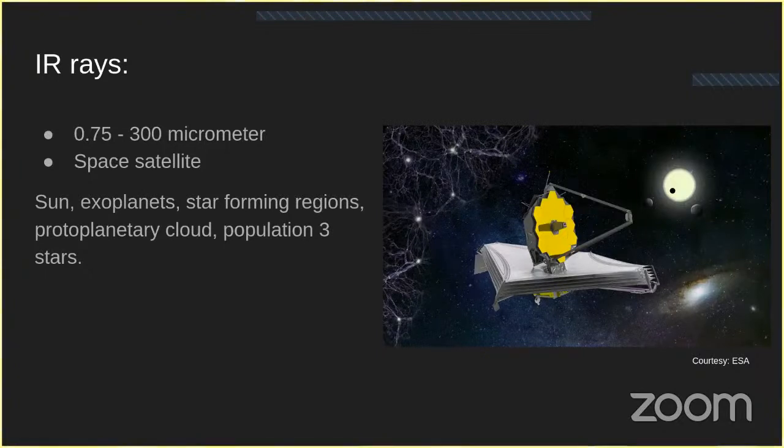The reason we will observe these stars in IR radiation is because they are so far away from us, about 13 billion light years, that the light they emit, even if it is in UV or X-rays, due to Doppler shift, due to redshift, would eventually come to the IR region. And again, James Webb wants to do these observations of IR radiation and check if there are any Population 3 stars present.